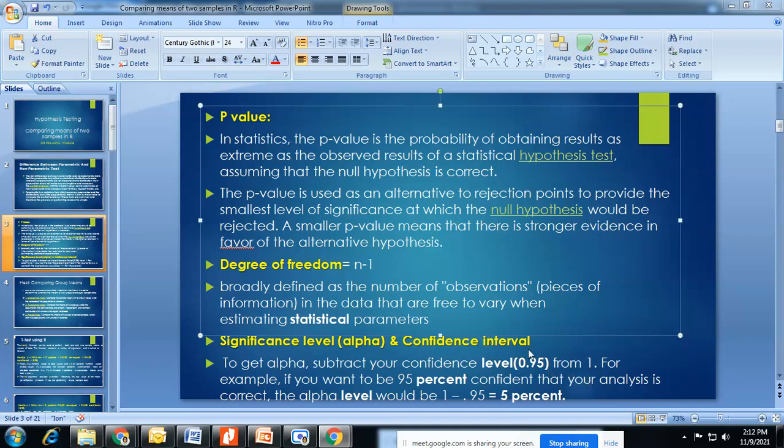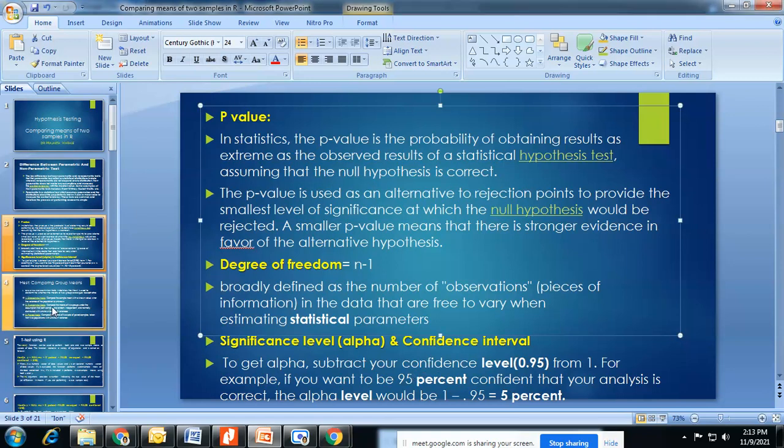That means there are chances that 95% of the data is accurate, and there is only 0.05 level of variation. So if you want to be 95% confident that your analysis is correct, then alpha would be 1 minus 0.95, that is 5%. This is how you calculate significance level and confidence interval.